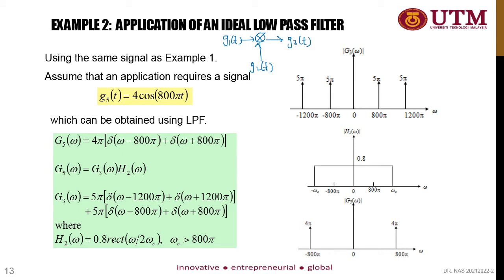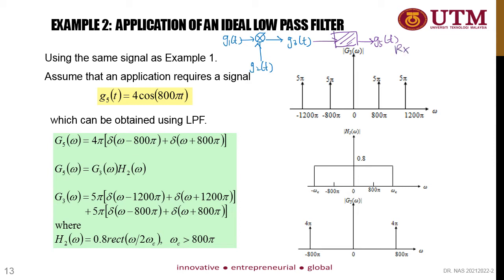But in this case, the system requires the output as g5. So you need to apply a filter somewhere here so that the earlier output g3(t) is processed so that only g5 is received at the receiving end.